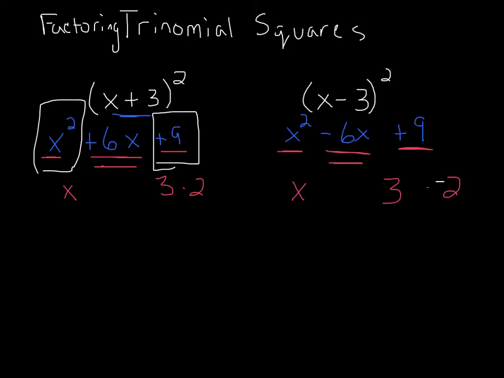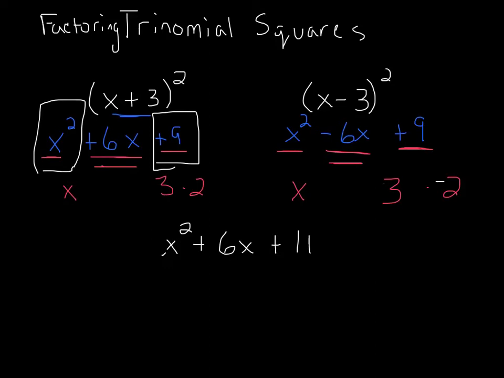Now we're flipping over to page 7. On page 7, number 2, it says, is x squared plus 6x plus 11 a trinomial square? You go through that checklist. First, do we have two perfect squares in here?